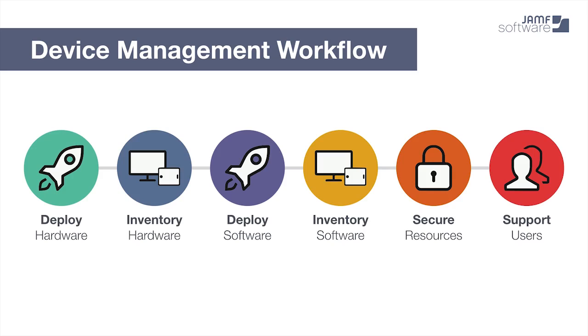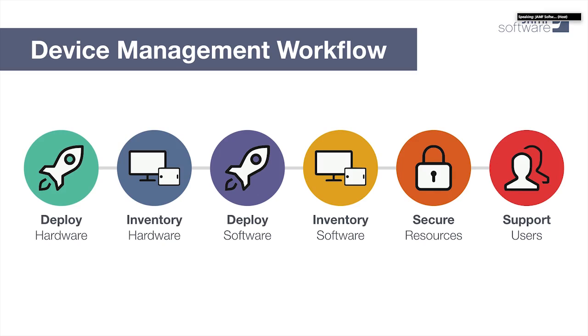The typical workflow would usually start something like this: deploying the hardware. They would then move on to inventorying that hardware and keeping track of it all. After hardware is done, you need to look at the software that you need to deploy. And of course, you need to inventory that same software too.